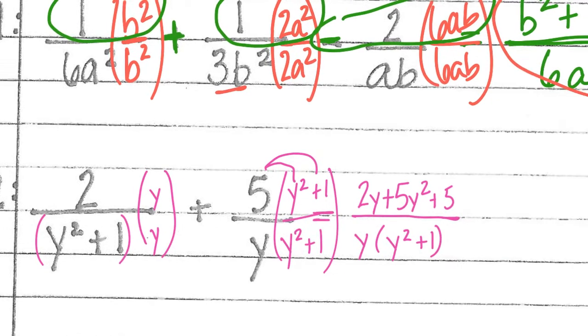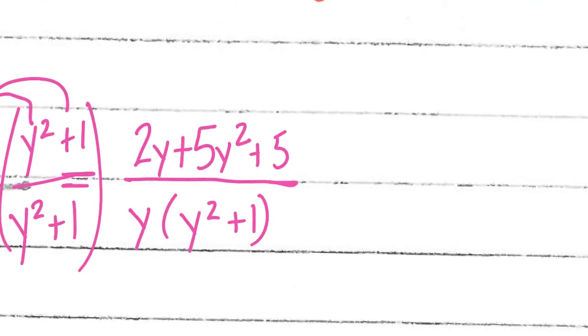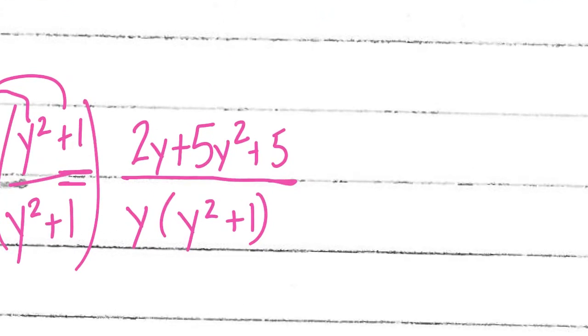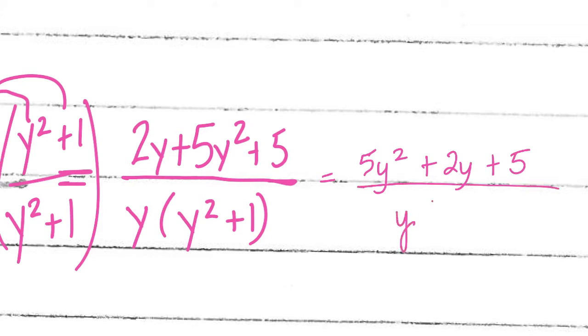Now, a lot of you are probably thinking, well, what if this can reduce and factor? So let's put this into our regular form of 5y squared plus 2y plus 5. And you can just leave this as y times y squared plus 1, because sometimes these would FOIL through, factor through and be able to reduce.